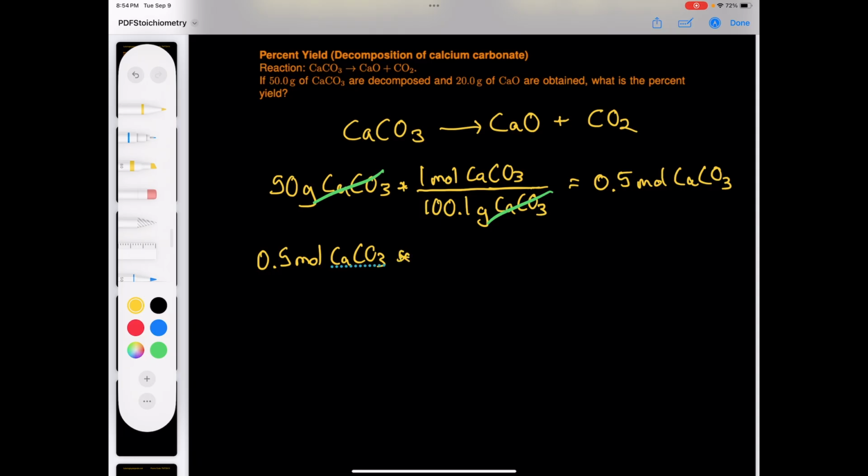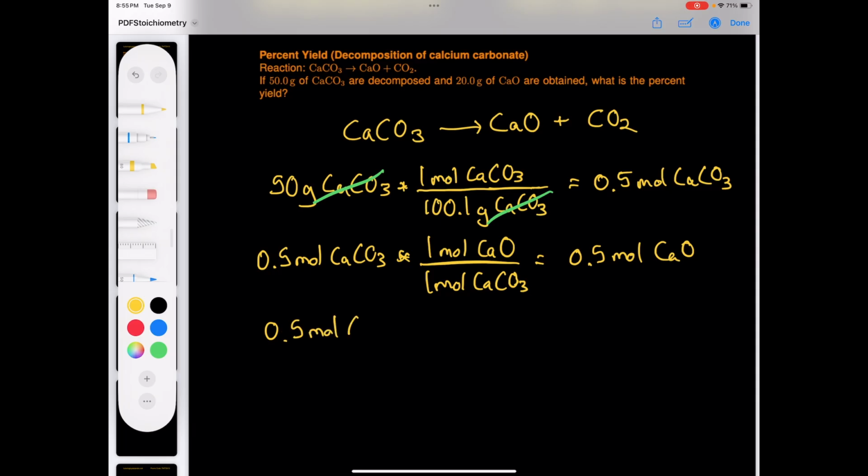So we're going to use the mole ratio from the balanced chemical equation, which tells me that 1 mole of CaCO3 produces 1 mole of CaO, right? Which basically also gives me 0.5 moles of CaO, right? Okay, 0.5 moles of CaO.